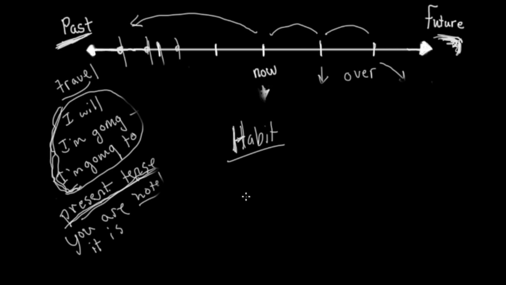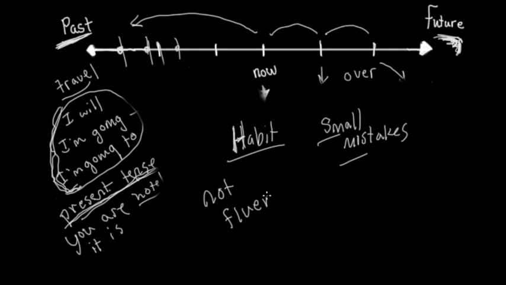But when you're in a bad habit of making small mistakes, actually those small mistakes are the things that make you sound not fluent. So it's actually these small habits that you need to be really perfect about.